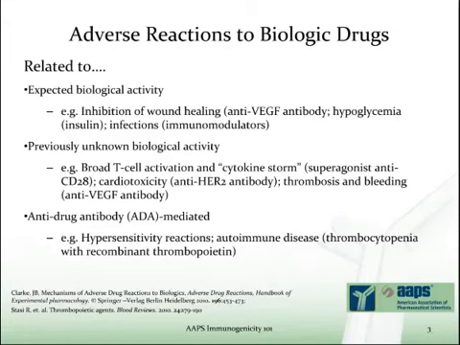However, it is unlike other immunotoxicological events in that it is not related to the target biology of the drug. For more information on immunotoxicological events that relate to the target biology of the drug, please explore Lecture 3.6. This presentation is focusing on immunogenicity, that is, the formation of anti-drug antibodies and how they relate to hypersensitivity reactions.